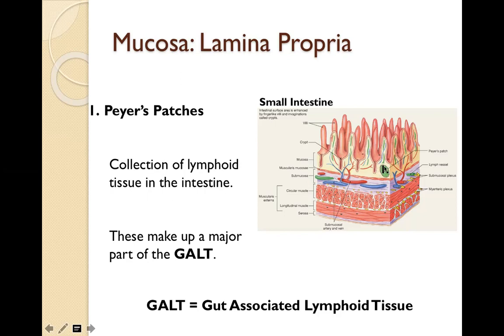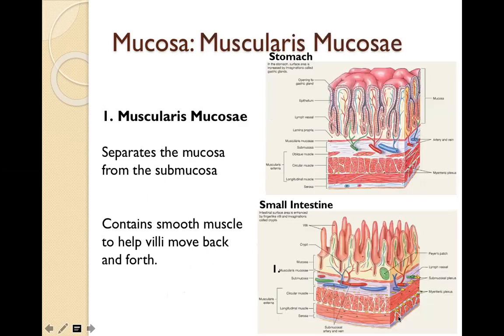And that is the major player in helping the gut maintain a high level of immunity. So these Peyer's patches within the lamina propria make up a major part of the GALT system, or gut-associated lymphoid tissue, for the immune function.